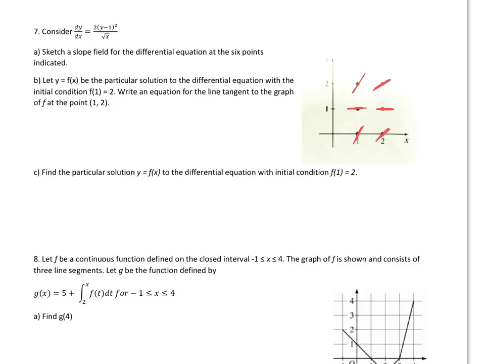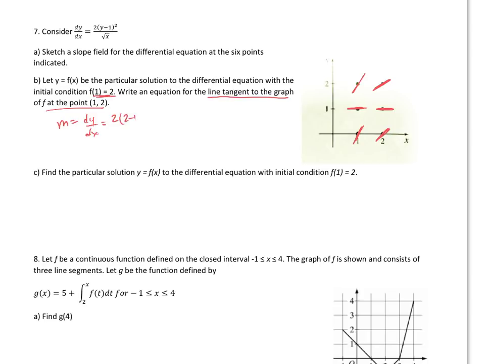All right, now we have y equals f of x be the particular solution to the differential equation with the initial condition. So we have an initial condition, right, an equation for the line tangent to the graph of f at the point 1, 2. All right, so what we need is a slope. And this is our dy dx. And we're going to go ahead and plug in the value we're given. x is 1, y is 2.